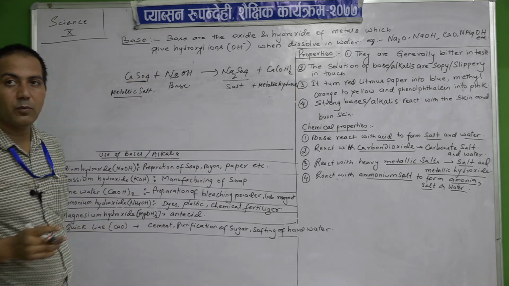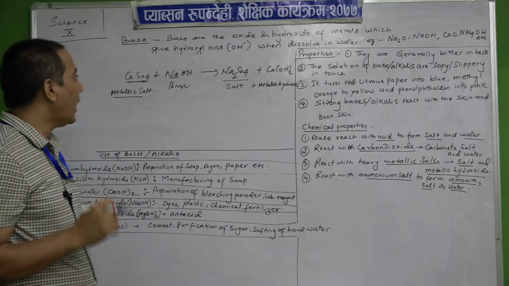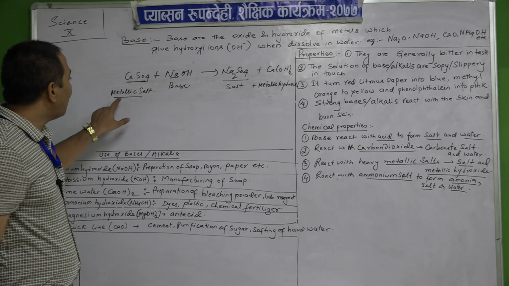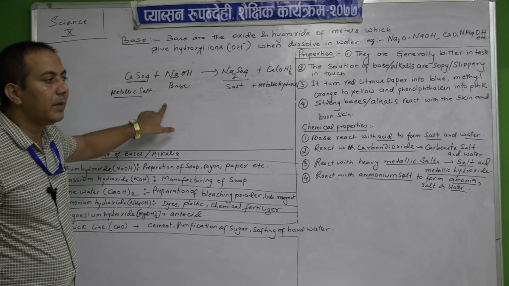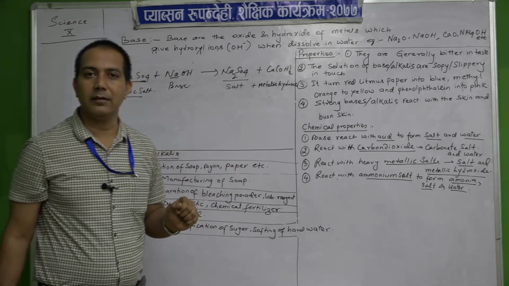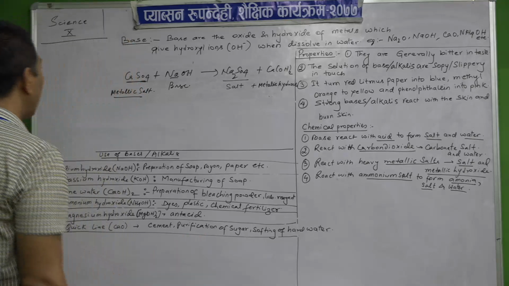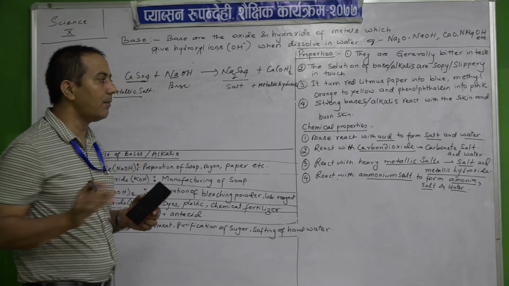So, from this we come to know that when a metallic salt reacts with a base, it produces salt and metallic hydroxide. So, we have studied the three chemical reactions.